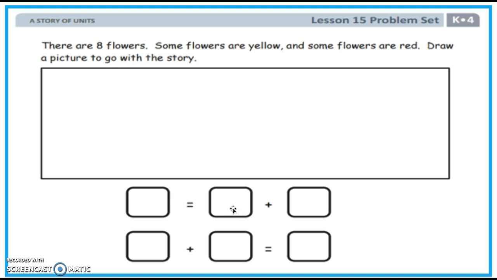How many of your flowers were yellow? That is part of the problem. The other part would be how many are red. Go ahead and write those in. Then you're going to write your equation or your number sentence another way. This would be part, and write the other part here, and your whole. As you finish up, go ahead and pause the video.